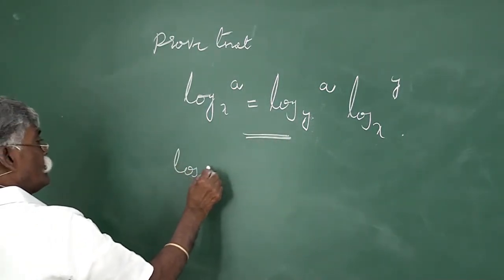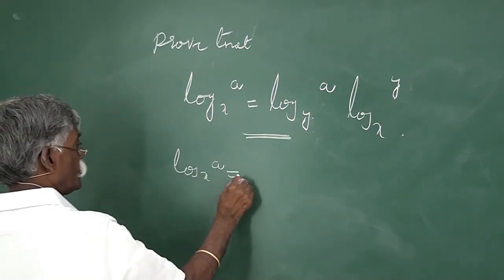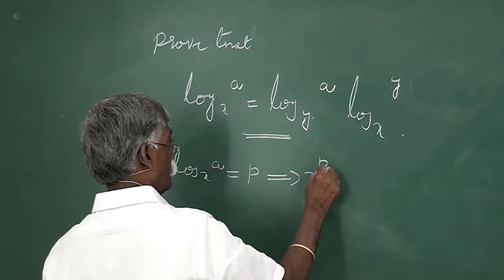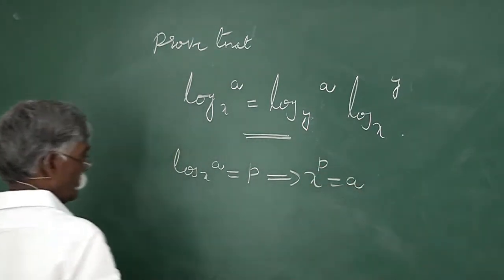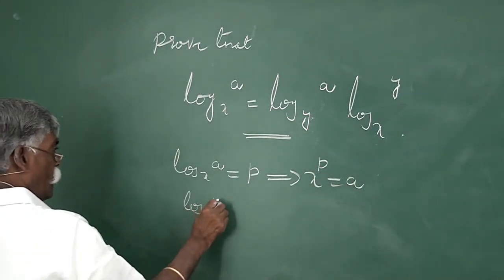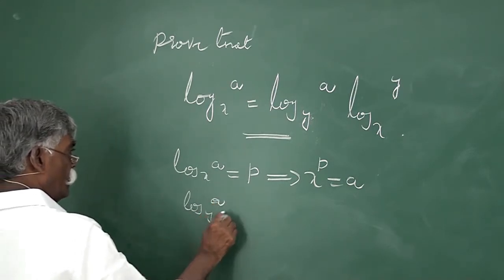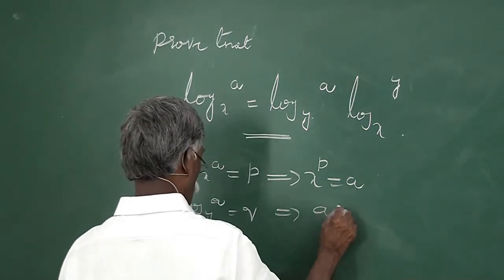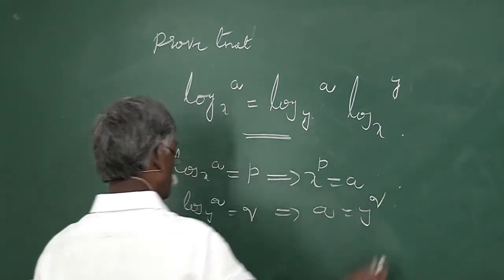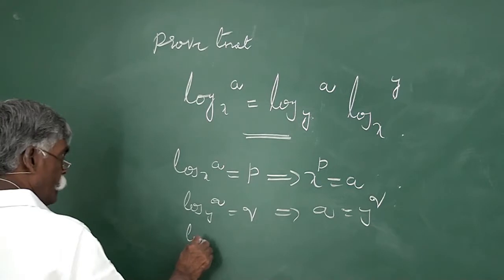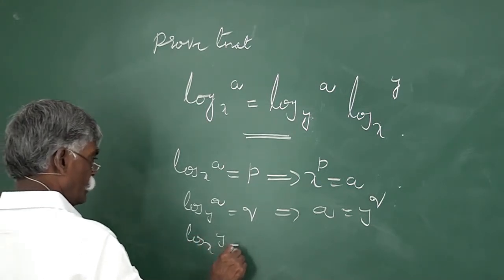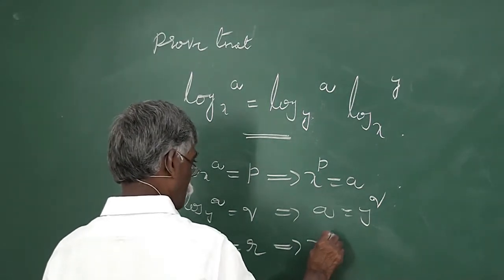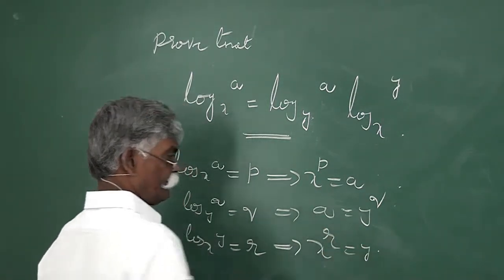Log a base x, this we will take as p, and this implies x power p is equal to a. Log a base y is equal to q. This implies a is equal to y power q. And log y base x, let us take this as r. This implies x power r is equal to y.